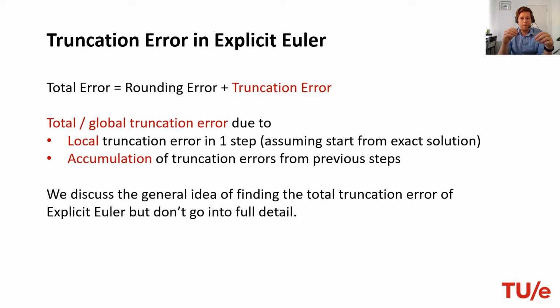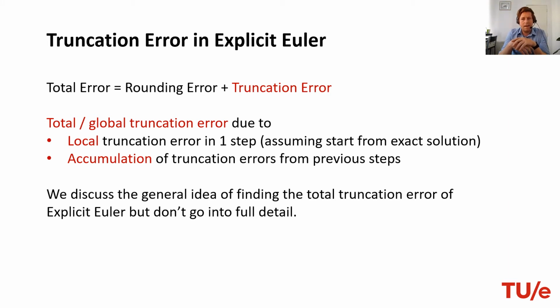When we go from step 2 to step 3, where we start is not anymore the exact solution. So this truncation error that we carry over from step 1 or step 2 will also influence the total error in step 3. So we have a cumulative effect or an accumulation of truncation errors from previous steps. And the total truncation error will be a combination of those two things.